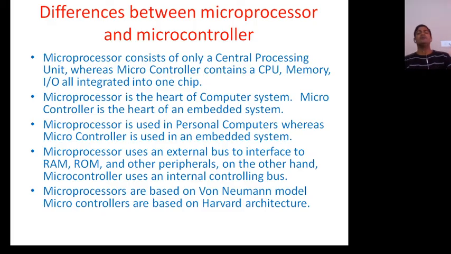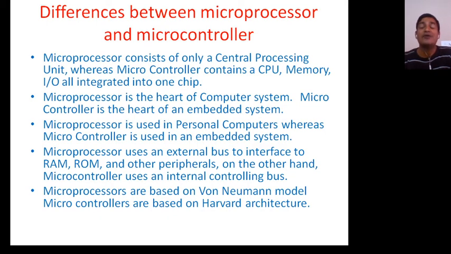Now come to the difference between microprocessor and microcontroller. There is one more term, microcontroller. In a single microprocessor chip, there are only three components: ALU, control unit and registers.